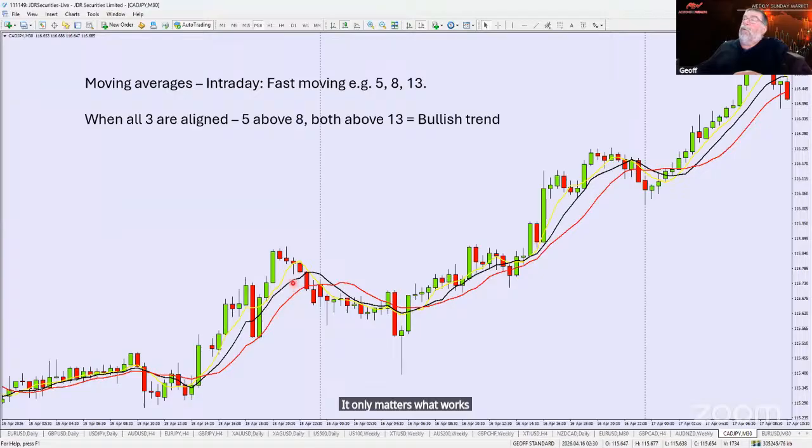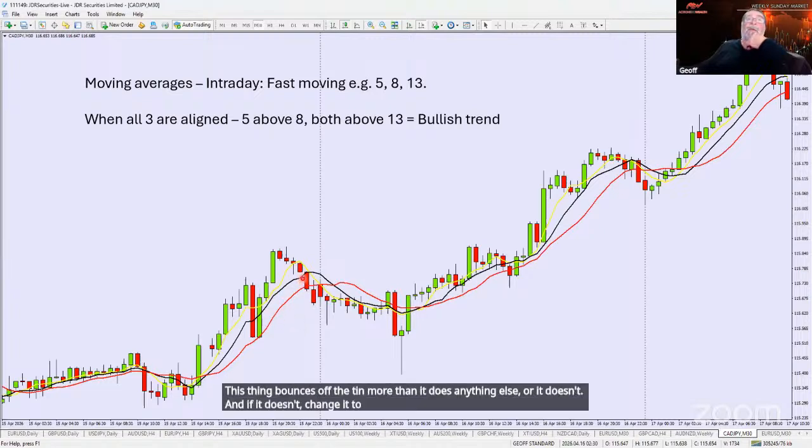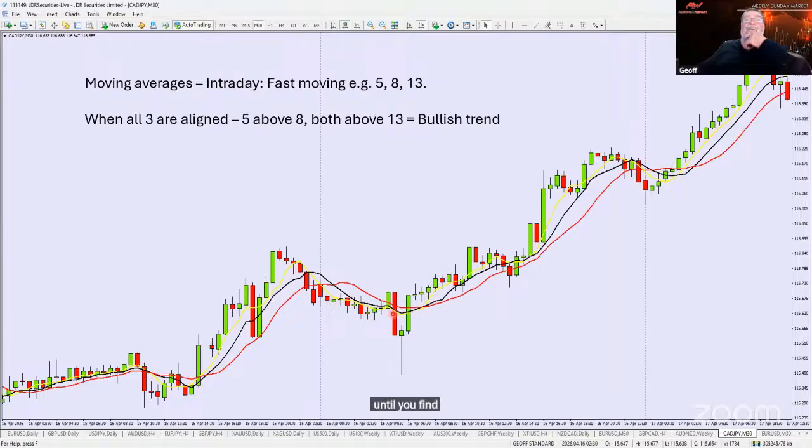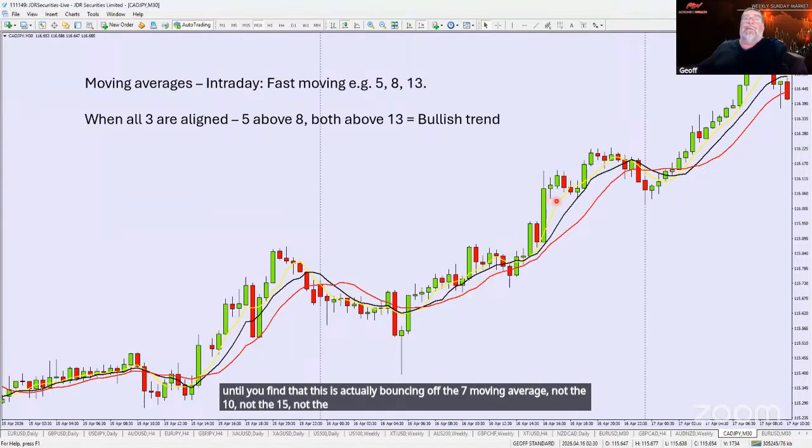So put your moving averages on the chart one by one and go, okay, this thing bounces off the 10 more than it does anything else, or it doesn't. And if it doesn't, change it to something different until you find that this is actually bouncing off the 7 moving average, not the 10, not the 15, not the 20. If it continues to do that, happy days.